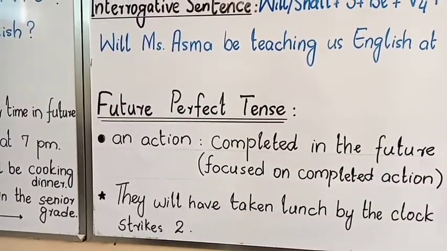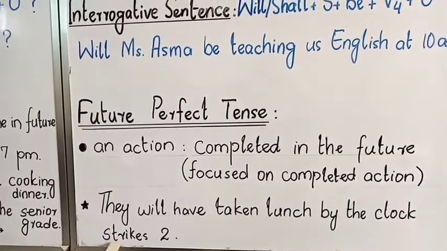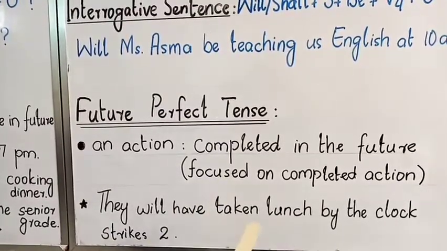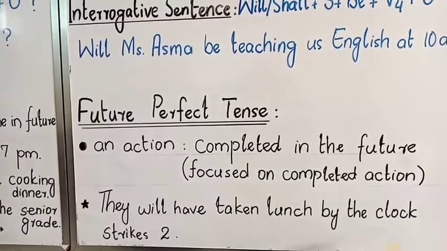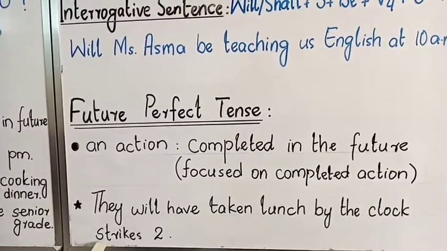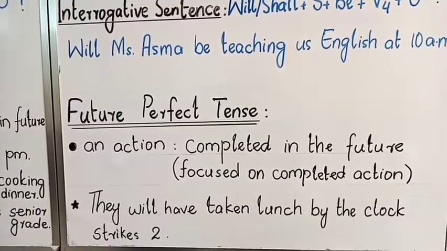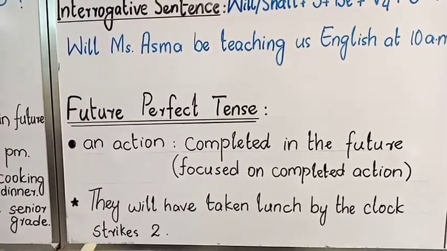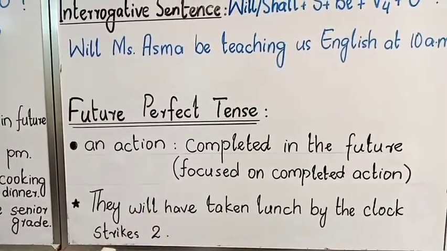One more thing, girls. If we have two clauses in any future tense, one clause will be in present indefinite tense. You know this, that the subordinate clause will be in present indefinite tense. So remember this. I am repeating the example.